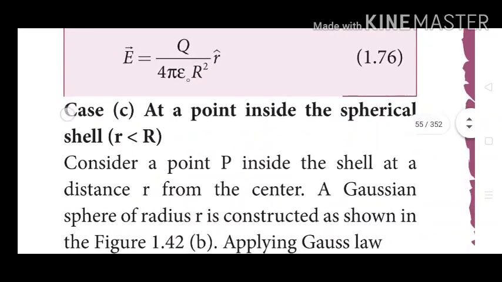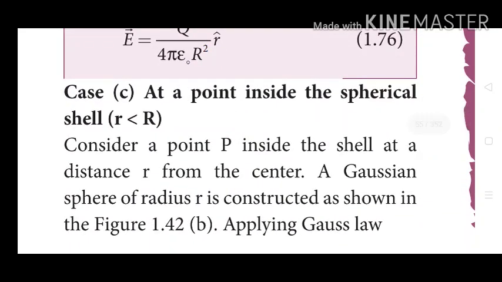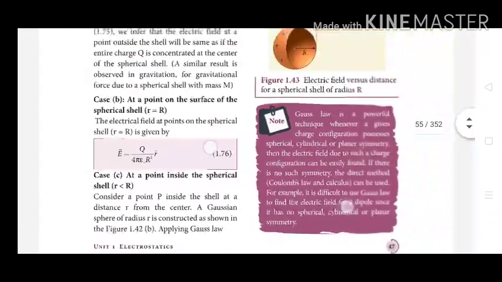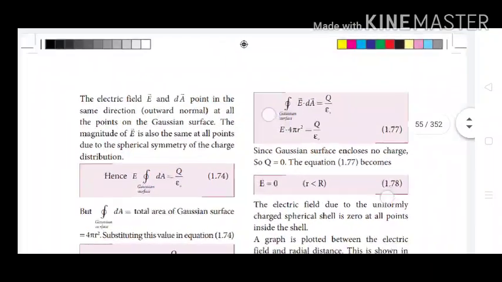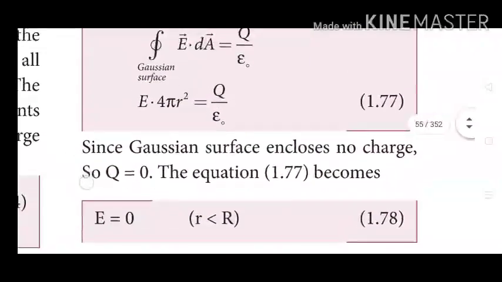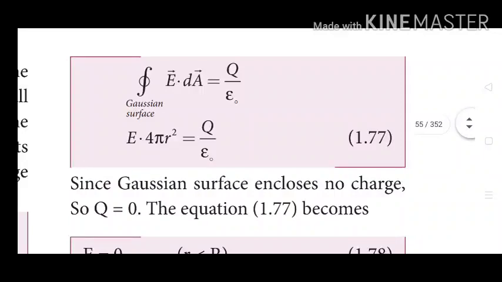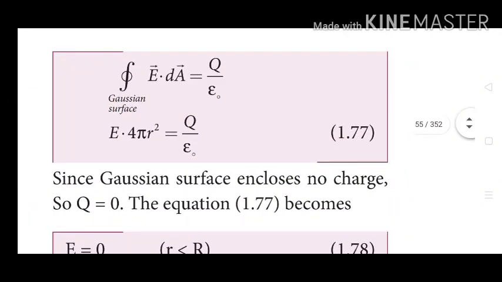The next is at a point inside the spherical shell, that means r is less than capital R. Consider a point inside the shell at a distance r from the center. A Gaussian sphere of radius r is constructed as shown in the figure. So we get the closed integral E vector into dA vector equal to Q by epsilon naught.